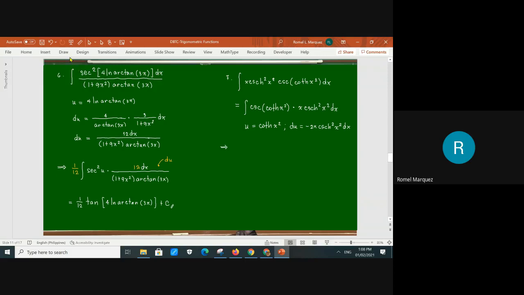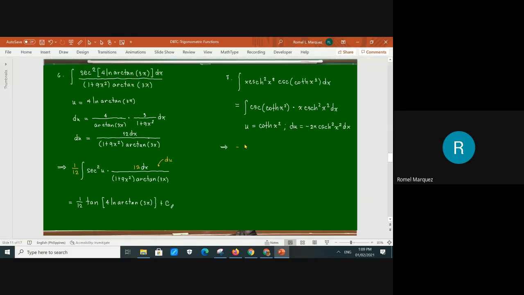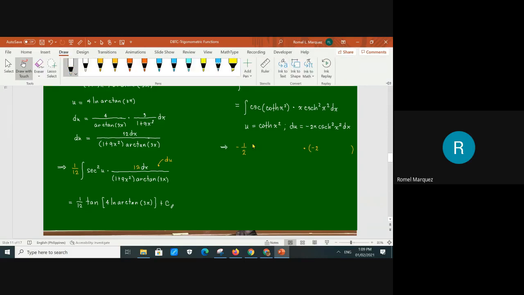So, I'm going to put here negative 2 balanced by negative 1 half, because I will be putting here negative 2 as part of the du. So let's see if that will fit there.